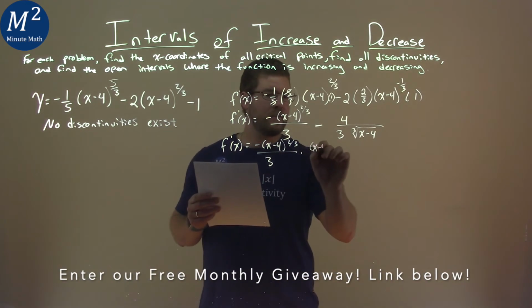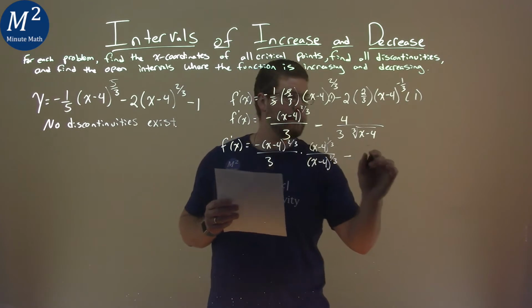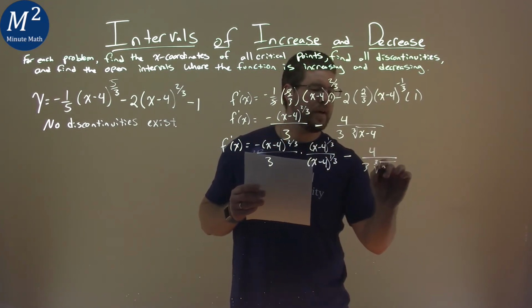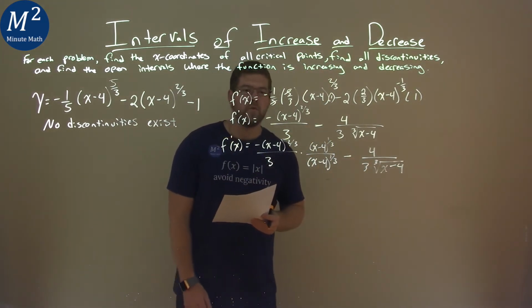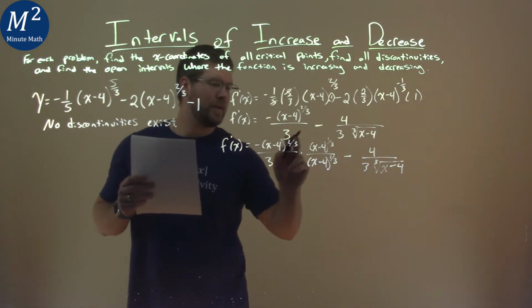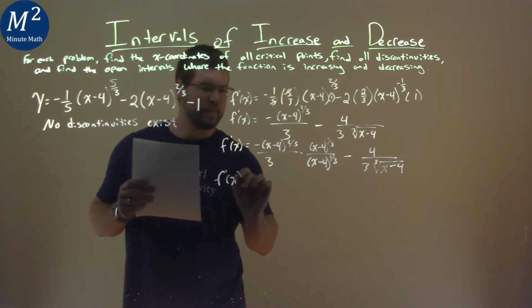To make it easier, it's (x minus 4) to the 1/3 power over itself. (x minus 4) to the 1/3 power, minus, keep this part the same, 4 over 3 times the third root of x minus 4. Alright, from there, keep it tricky. And remember, these are the same here, but I did that because it's a little easier to see this multiplication here.